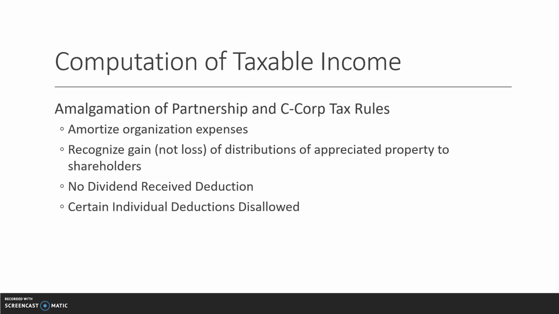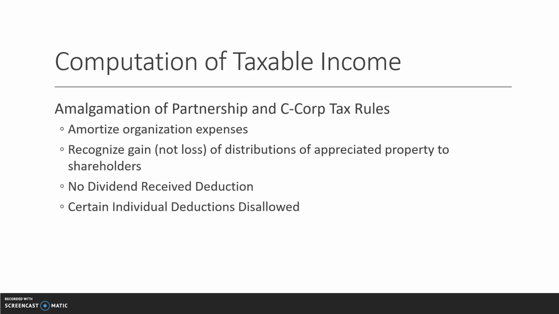So we got the computation of taxable income. You're going to find that it's a lot like a partnership with some C Corp stuff mixed in there. A few differences from a C Corp is that they have to amortize organizational expenses, similar to a C Corp. Going to recognize the gain but not loss on distributions of appreciated property to shareholders.